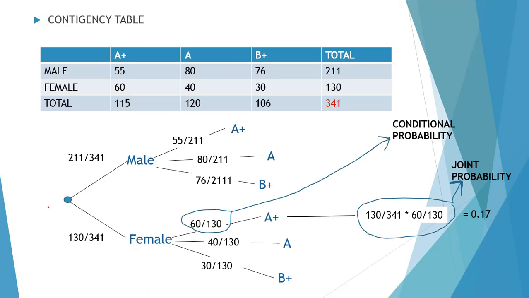We started with the total number of students, 341, divided into two categories, male and female, 211 and 130. On the first stage, we are interested in the probability of females among the total students. And then among those females, we are interested in how many have got A+. You should be sensitive to words like and, or.